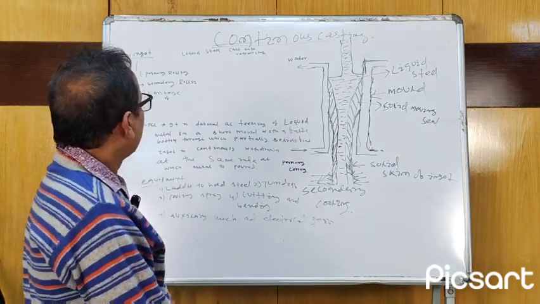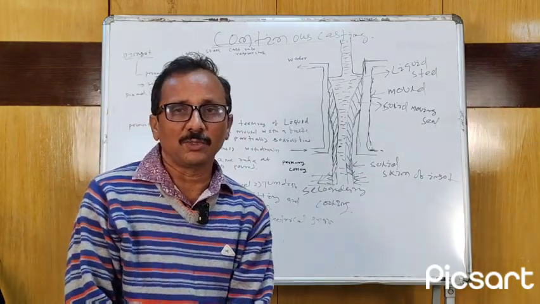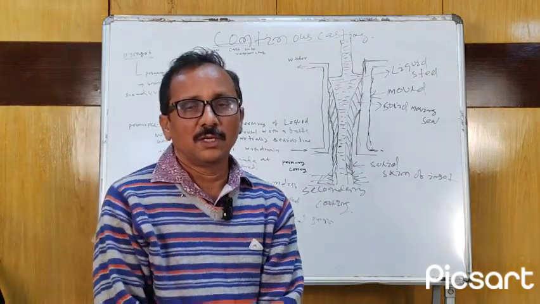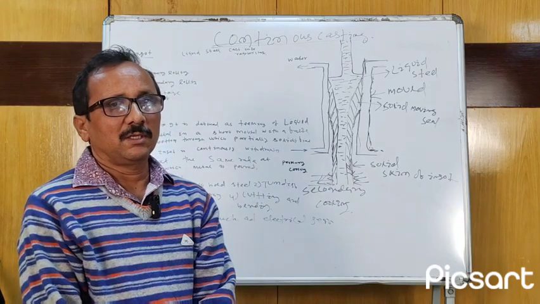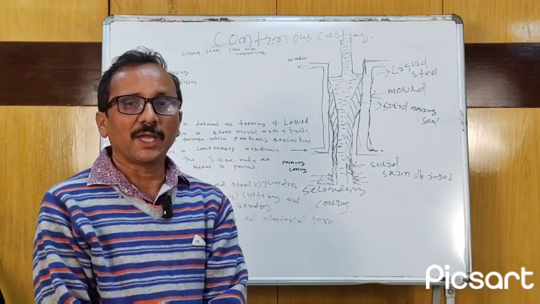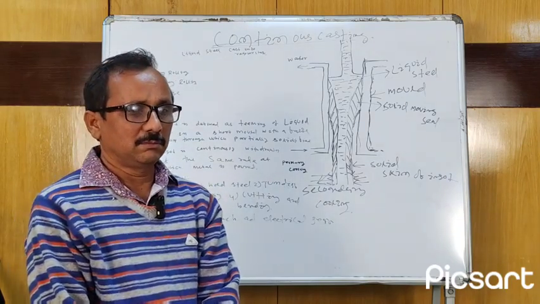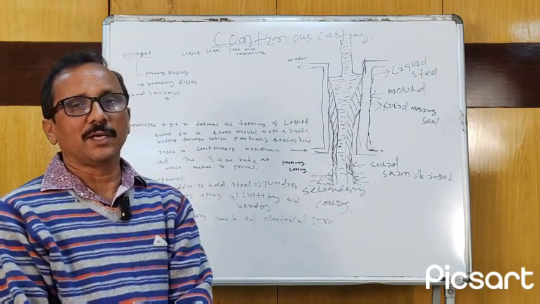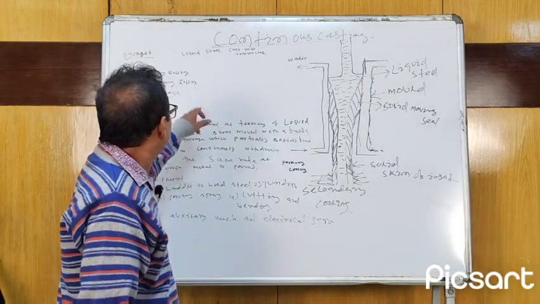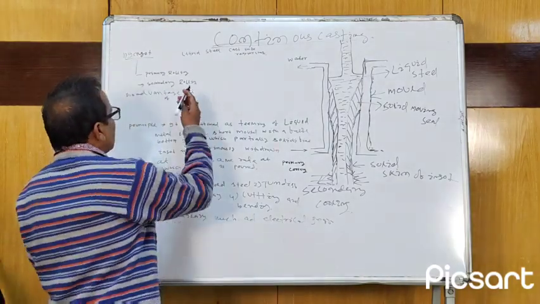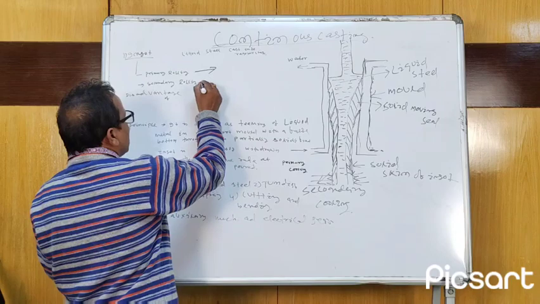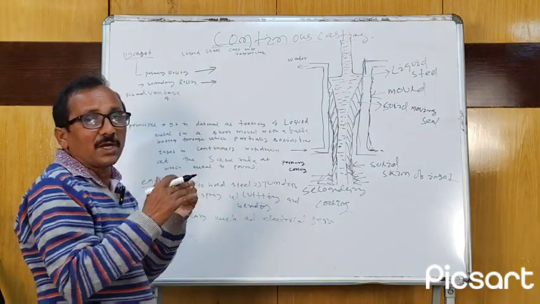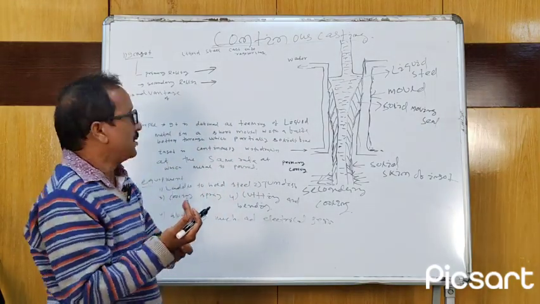In primary rolling mills, generally the products we obtain are blooms and slabs. Then those blooms and slabs again go to the secondary rolling mills, where we get the finished product.